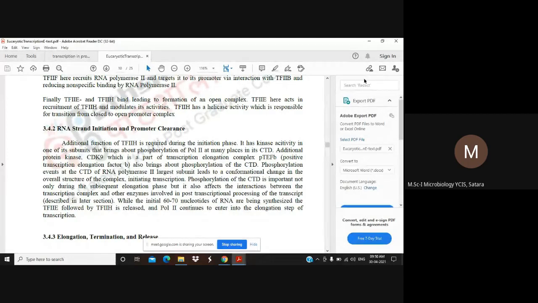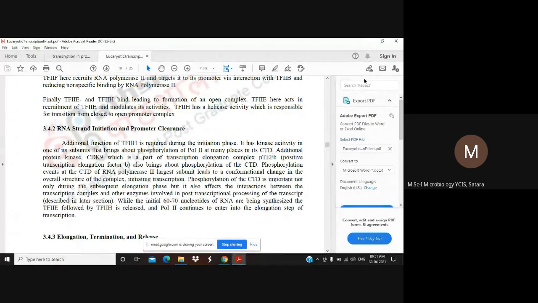There is the recruitment of the factors involved in transcription elongation, and second, the factors responsible for post transcriptional processing. That is, the factors and enzymes needed for capping and polyadenylation bind to that site. Did you understand? Why is this happening? Because of this CTD phosphorylation.